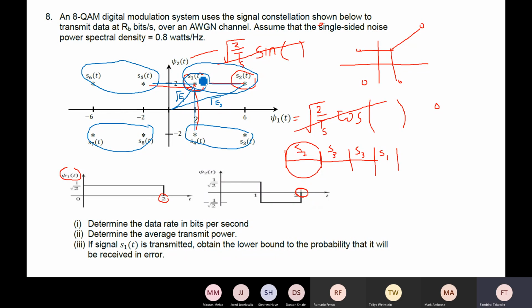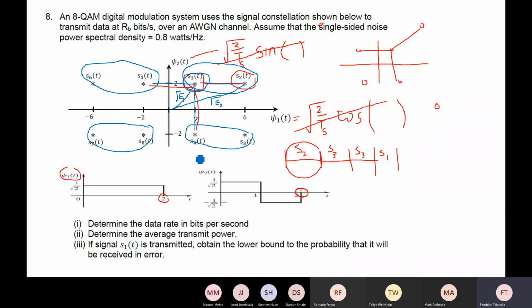Now, the probability that you mistake S1 for S2 is simply given by 1/2 erfc of root of d squared upon 4N naught, where d is the distance between S1 and S2. And likewise, the probability of mistaking S1 for S4 would be given by the same expression.